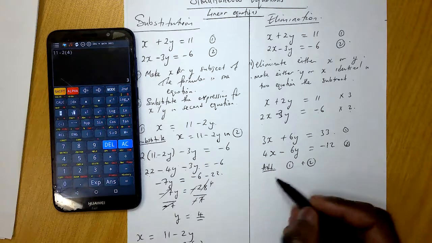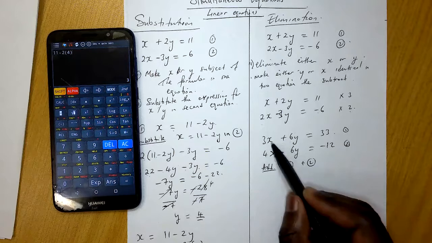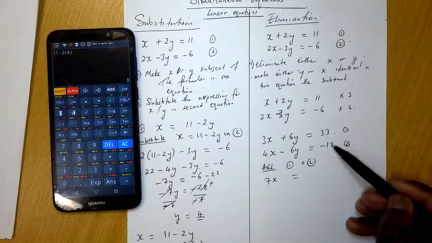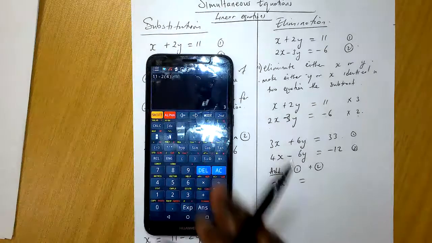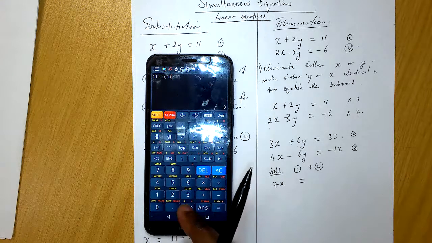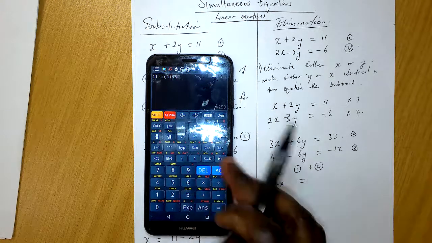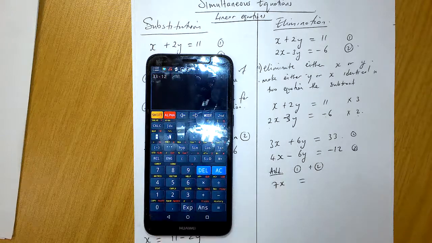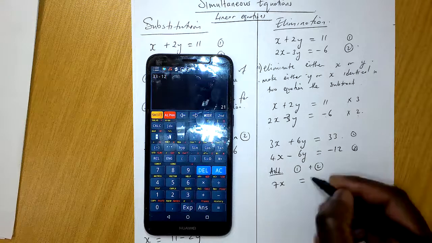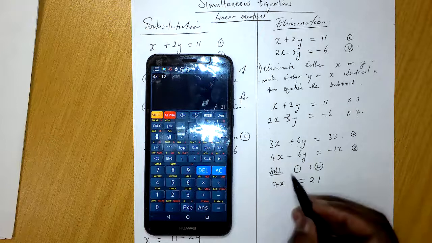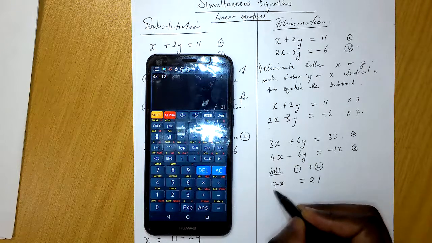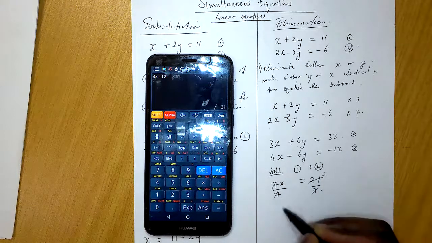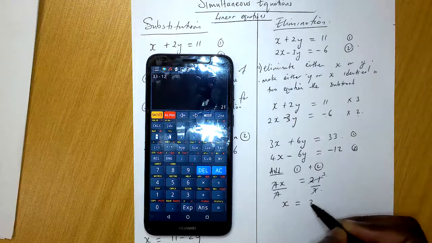You're going to say 3 plus 4, it's going to be 7x is equal to 33 minus 12. 33 minus 12, we get 21. Then we divide both sides by 7, the 7 cancels, and gives us 3. x is equal to 3.